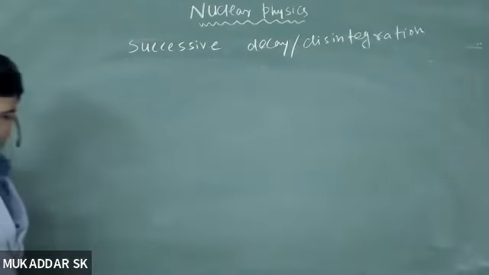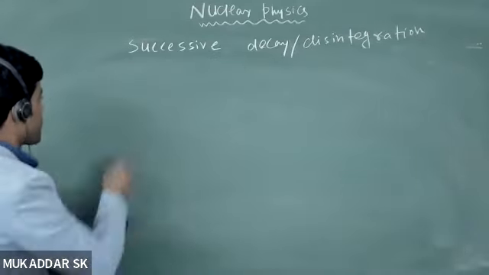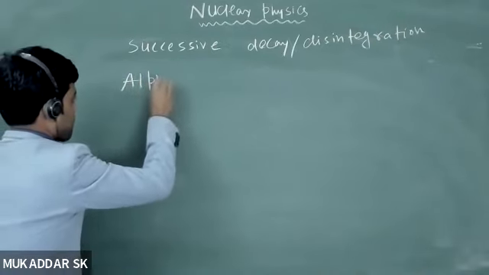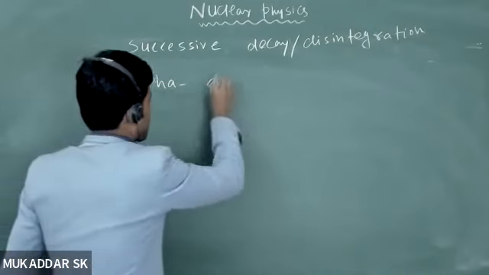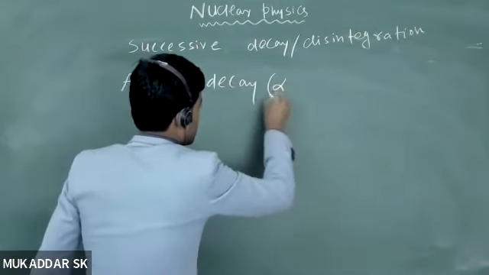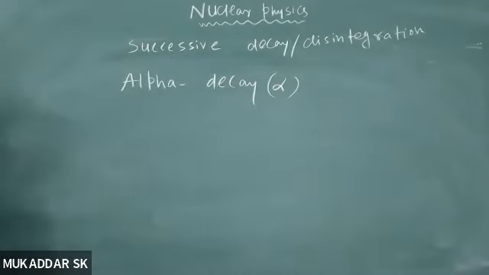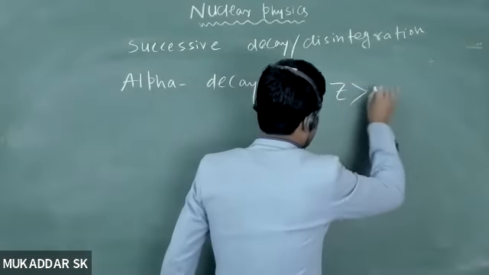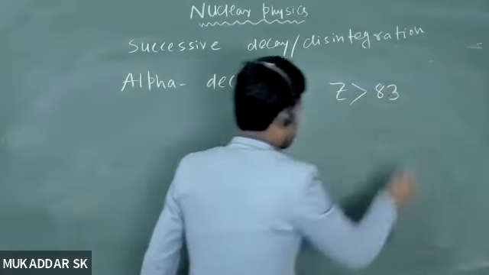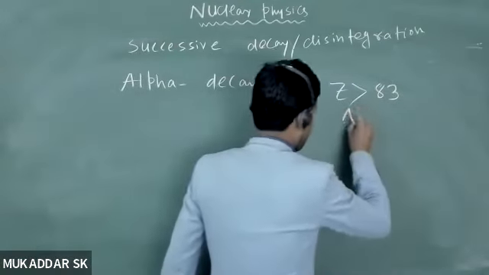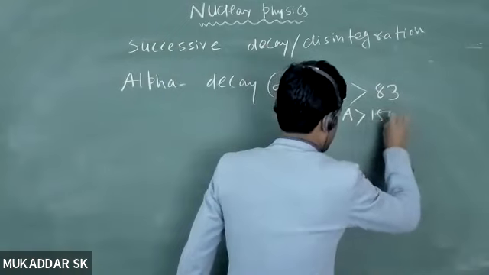Okay, so I'll discuss alpha decay. Alpha decay happens only when the parent nucleus has a large atomic number, greater than 83, and mass number greater than 150.